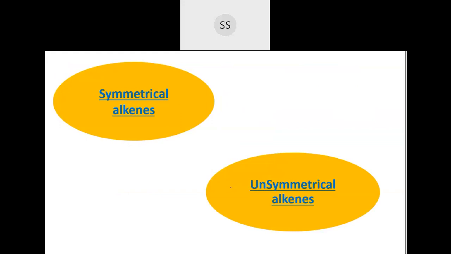So one is symmetrical alkene and the other is unsymmetrical alkene. We are going to add HX to these two different kinds of alkenes. So we will see now what is symmetrical and what is unsymmetrical.